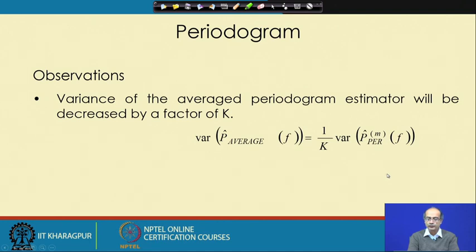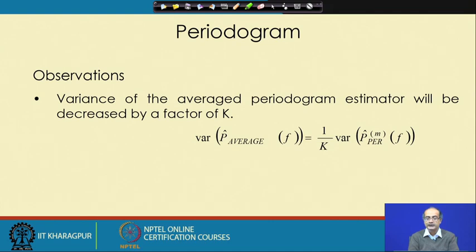So, we get one good thing after taking the average periodogram: the variance is decreased and the property of bias remains the same, that if more data is there, we have less bias.